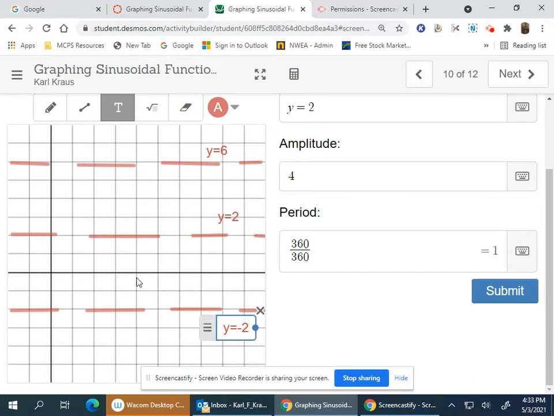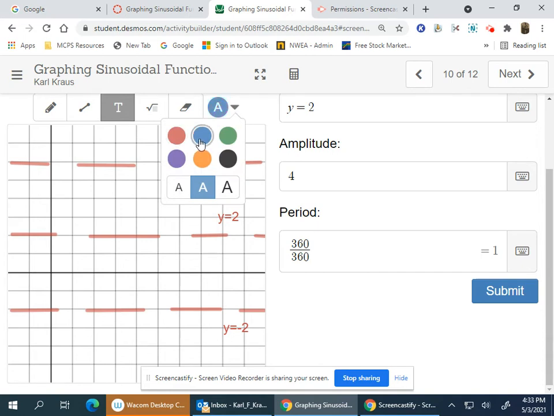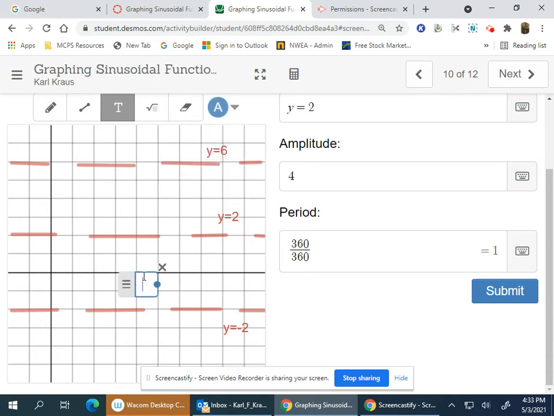So 1, 2, 3, 4. One, 1, 2, 3, 4. This would be 2.